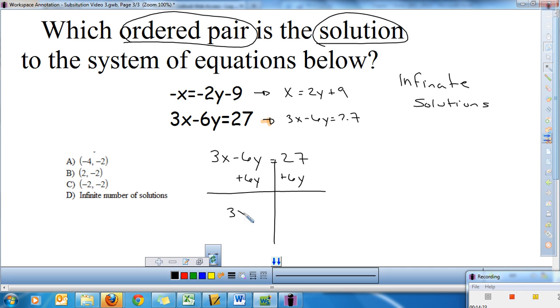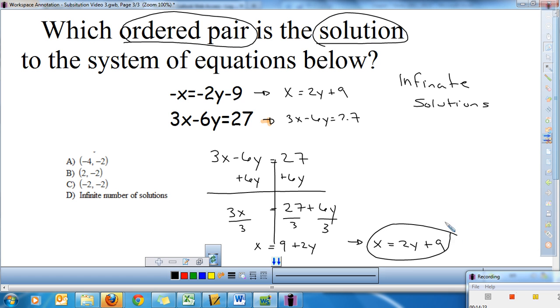Now I have 3x equals, I can't do 27 plus 6y, so I'm going to just write it out. I need to divide both sides by 3. I'm going to have that x equals 27 divided by 3 is 9, and 6 divided by 3 is 2. Now I'm going to rewrite this so that the y comes first. I have x equals 2y plus 9.